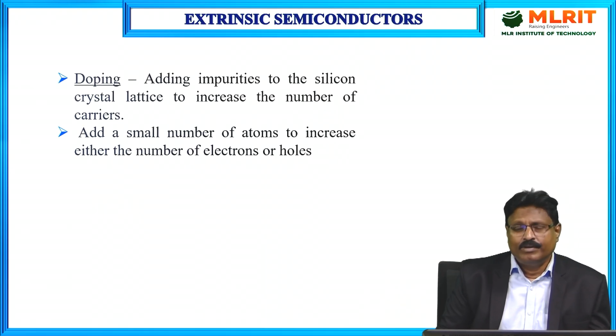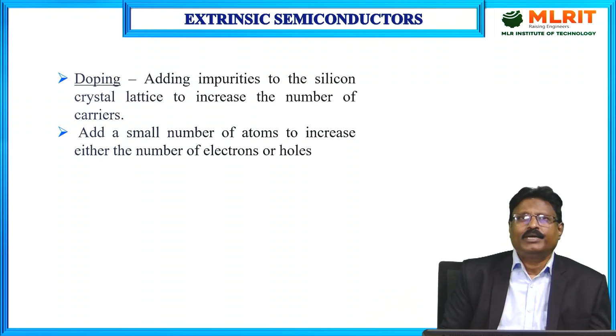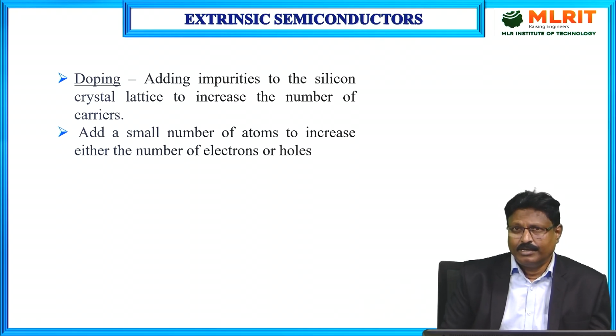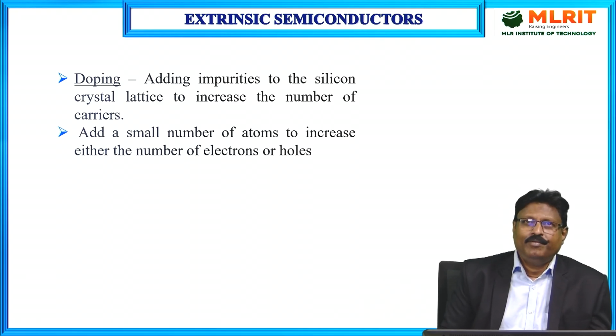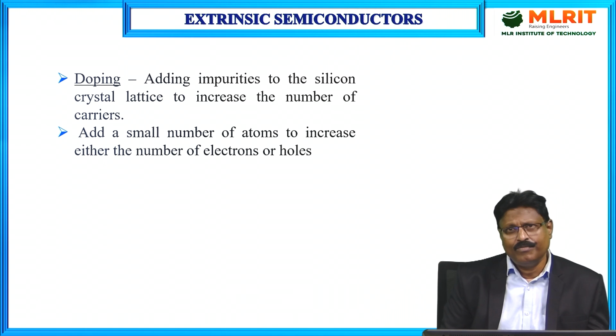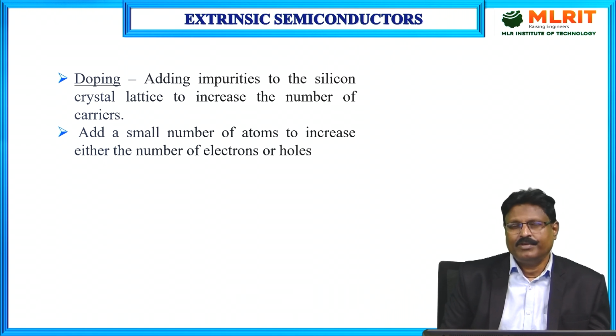So, why do you go for extrinsic semiconductors? Already explained in the last session. The conductivity of intrinsic semiconductors, which are the purest semiconductors, is very, very less, because the count of free electrons and holes is very, very less.